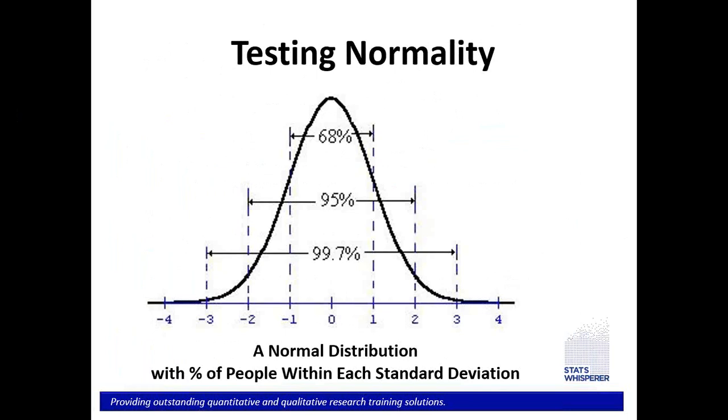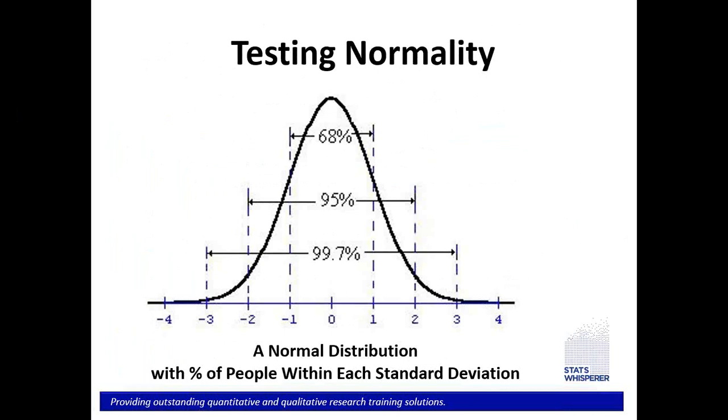So this is what a normal distribution looks like. If you were to give 100 people a test on happiness, to rate them on happiness from 1 to 5, you would figure most people would not be extremely happy, 5, or extremely unhappy, 1. They'd probably be right around the middle, 3.